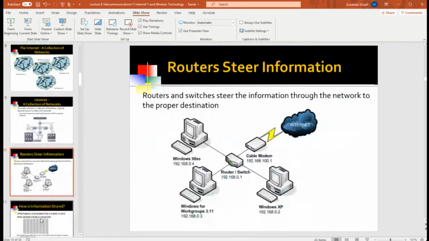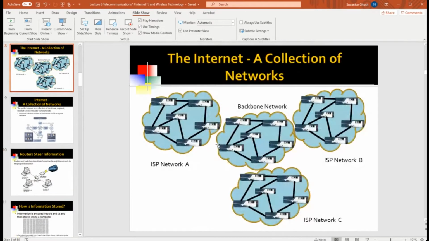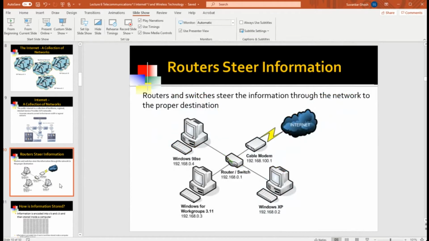And so what do the routers do? So we've seen that this is the picture of what the internet looks like, and inside each of these clouds are routers connected by transmission lines. So what are the routers doing? The purpose of the routers is to steer the information.